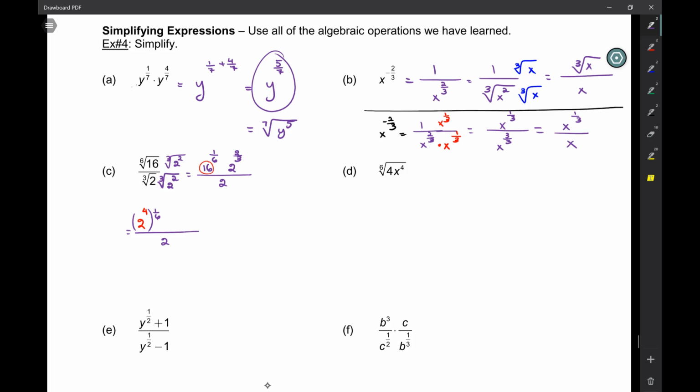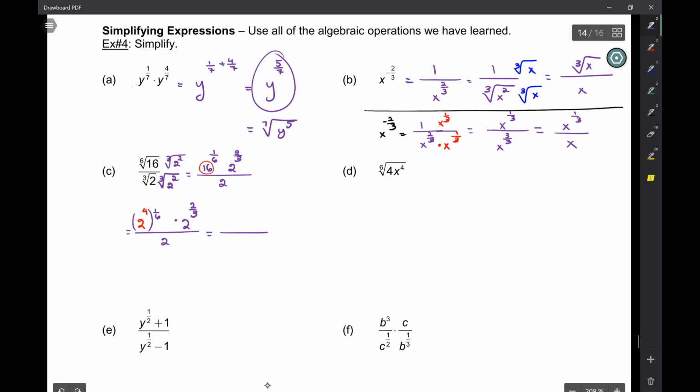So I had 16 to the power of 1 over 6. The 16, though, is 2 to the 4. Okay? Times 2 2/3. So now what do I have here?